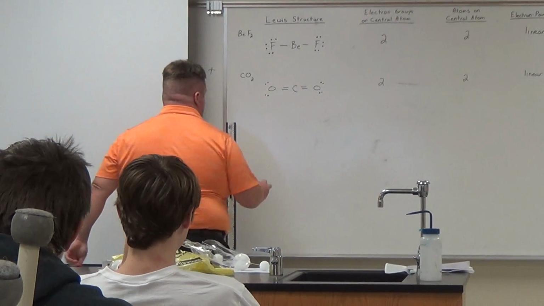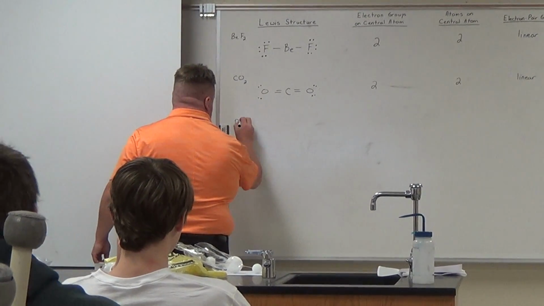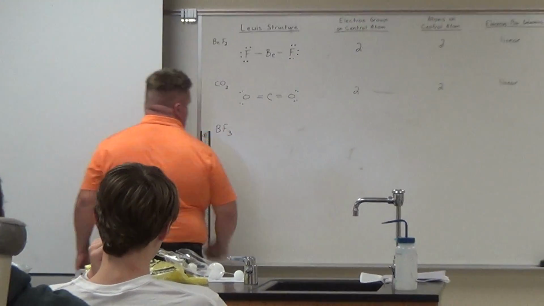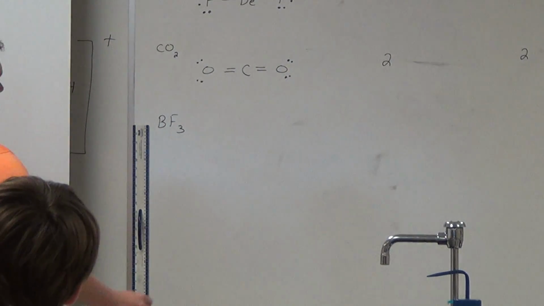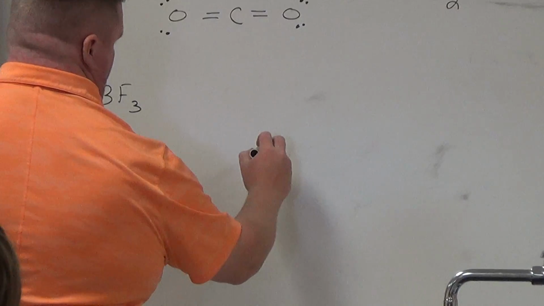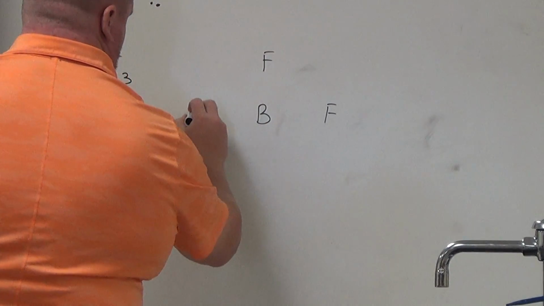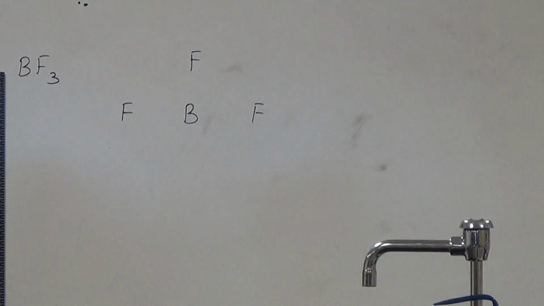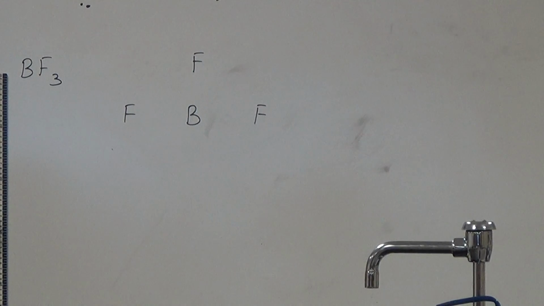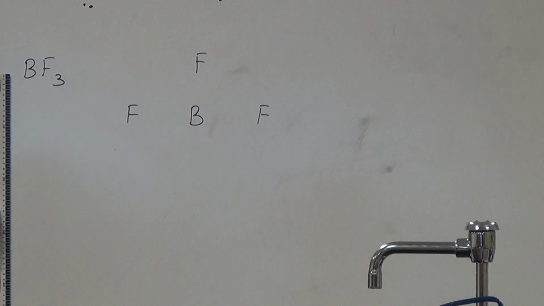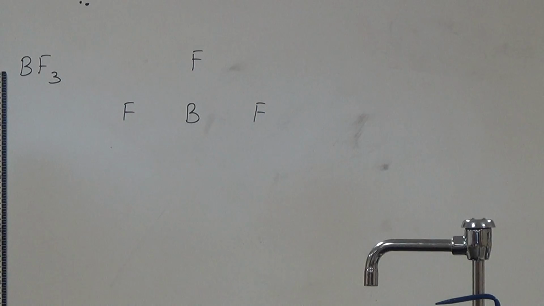What's the next one? BF3. What's your central atom going to be here? Boron. You may have drawn your basic arrangement like so. How many pairs of electrons are we going to get here?